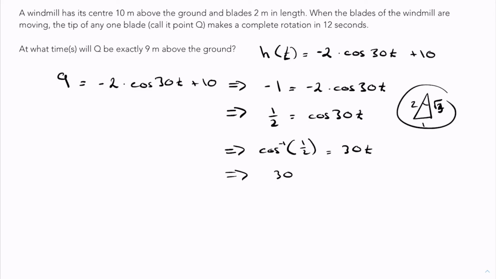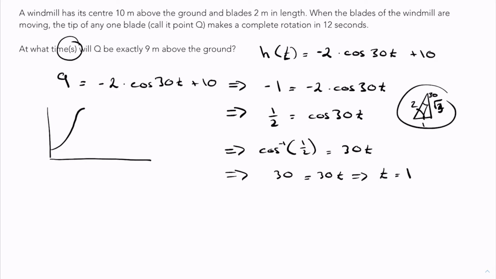So I'll get 30 degrees because it is opposite over hypotenuse. 30 here, and then that will equal 30t, which means t is equal to 1. So, at 1 second, the height is 9 meters. But where else? Notice how there is a possibility for a plural here.